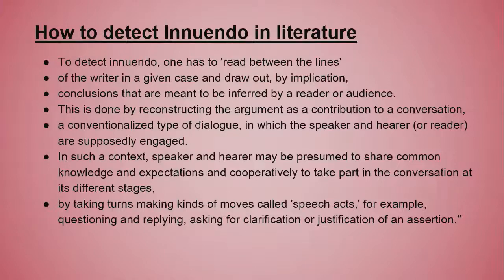In such a context, speaker and hearer may be presumed to share common knowledge and expectations and cooperatively take part in the conversation at its different stages, by taking turns making kinds of moves called speech acts, for example, questioning and replying, asking for clarification or justification of an assertion.